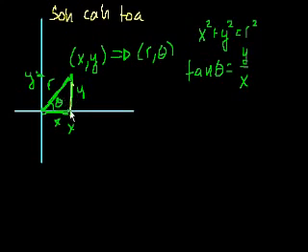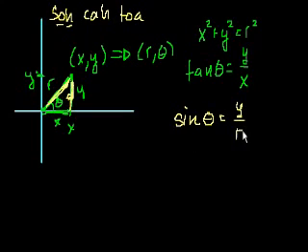So what deals with the opposite and the hypotenuse? Sine. So the sine of theta is equal to the opposite, which is the y side, over the hypotenuse, which is r. And so if you multiply both sides by r, you get r sine theta is equal to y.